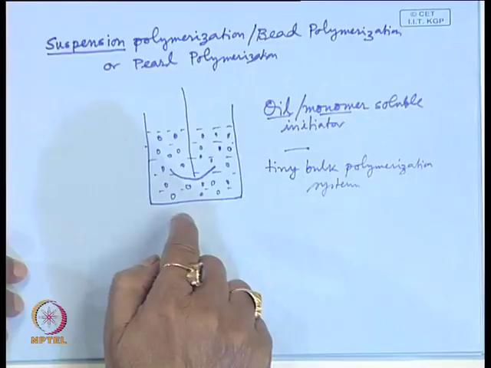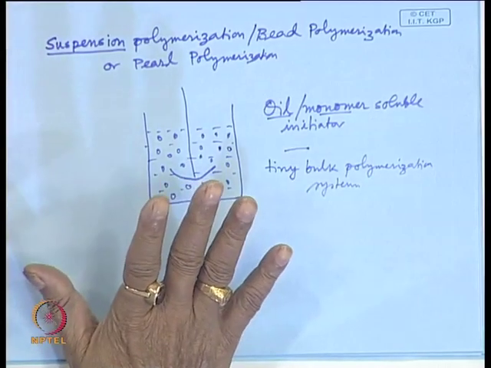So, here are two phases, the organic phase which is suspended or dispersed in the form of small droplets, where the droplet size is bigger than 10 to the power minus 4 centimeter. If you add the oil soluble initiator, that initiator will go to the monomer droplet. So, it will be dissolved in the monomer droplet, because that initiator is not soluble in the aqueous phase. So, is it clear now?